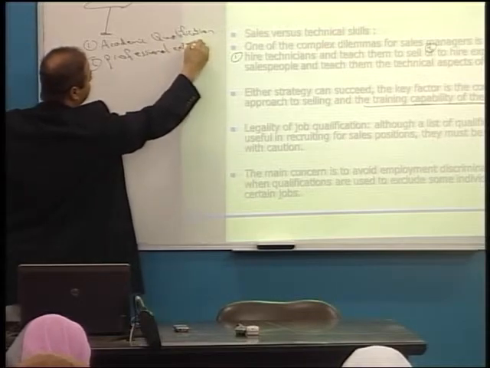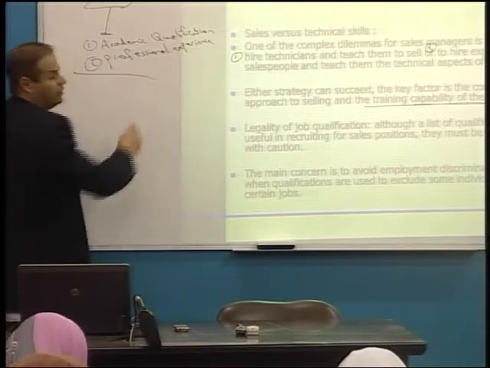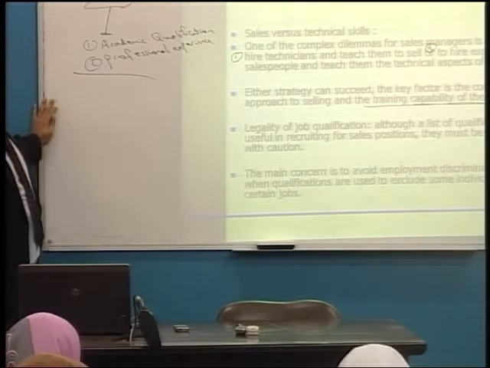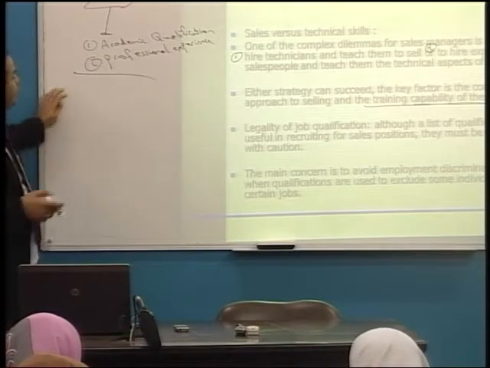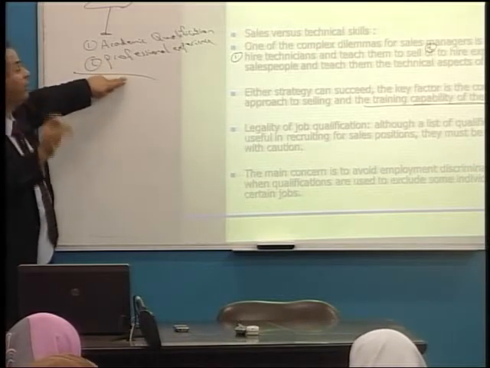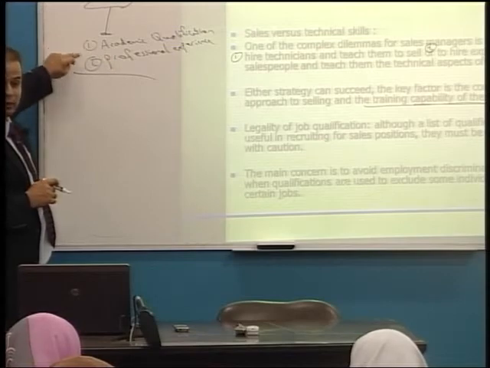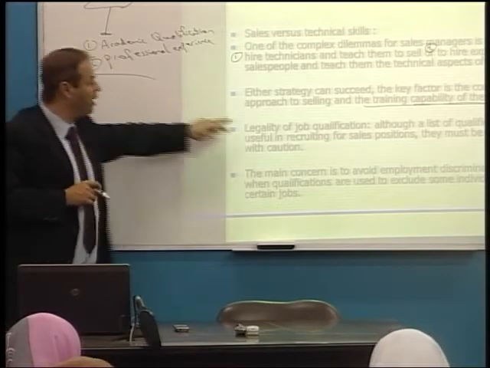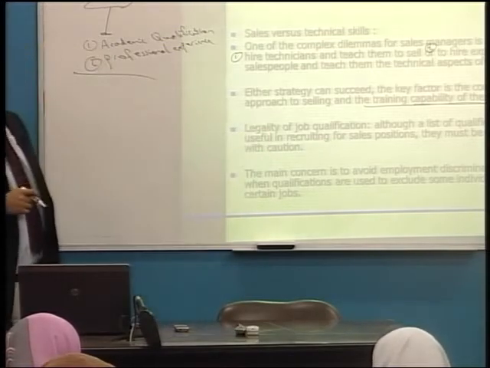Well, listen here. Sometimes as HR, you might fall into a trap. What is this trap? You are going to encounter candidates who are equal in point number 1 and in point number 2. Both of them are legality of job qualification.